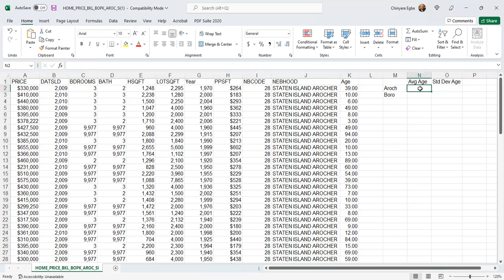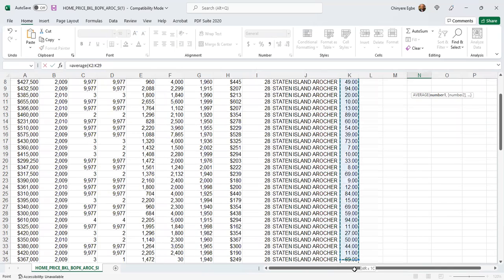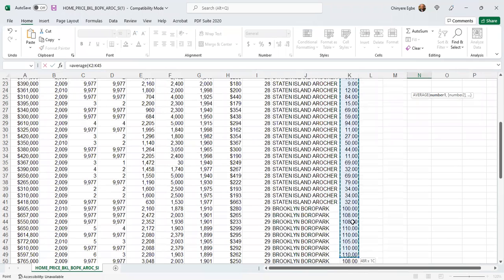And so average age equals average. So we drag it down for Rocher.